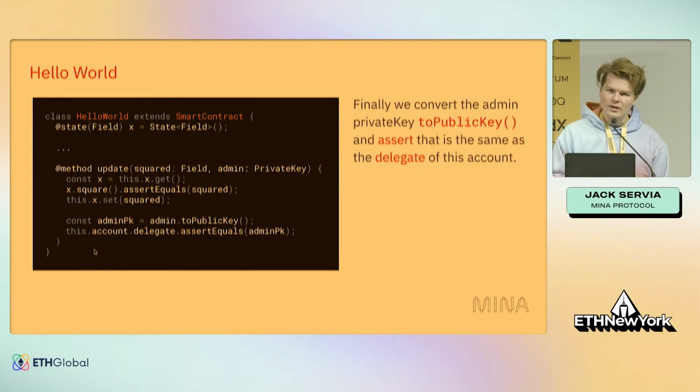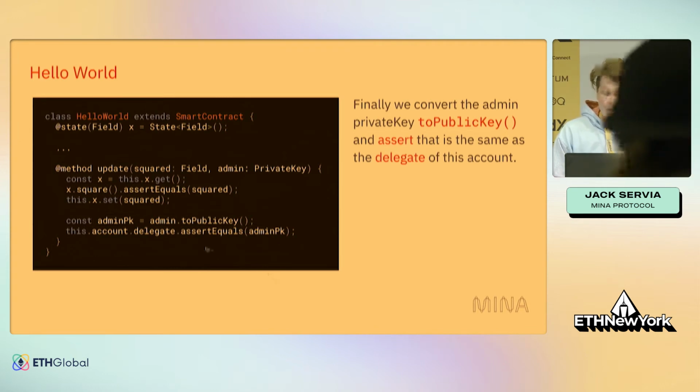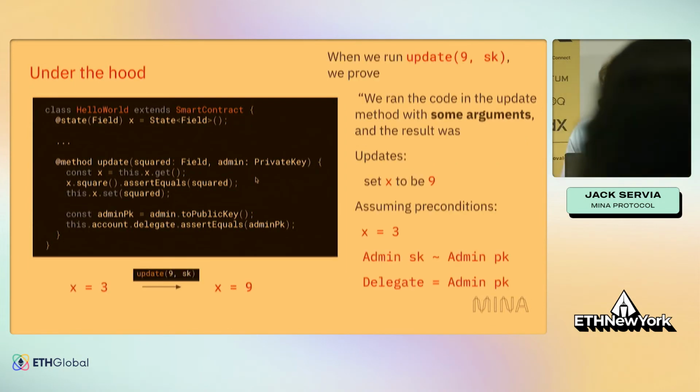In order to make sure that only the person who owns the associated private key can call it, we just use this account delegate assert equals admin private key. This basically means, make sure that the person who's calling this is using the public key associated with the private key that we pass in.